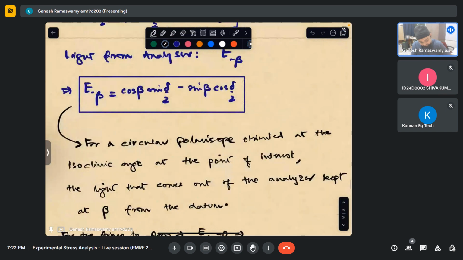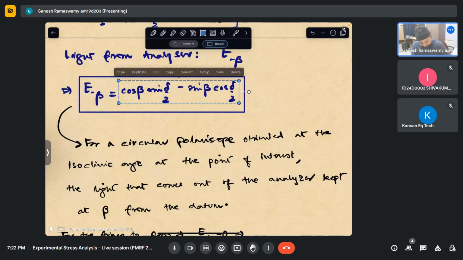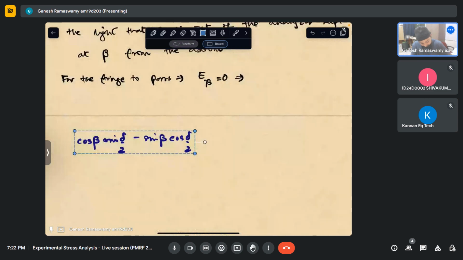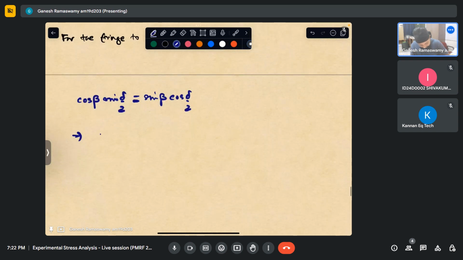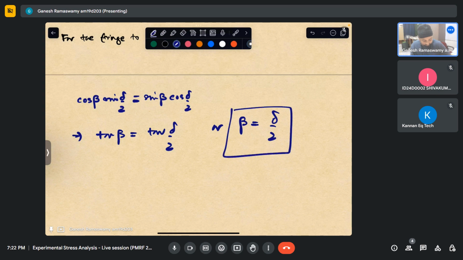This gives me this expression equaling 0. This equal to 0 implies that tan beta is tan delta by 2, or in other words, beta is nothing but delta by 2.